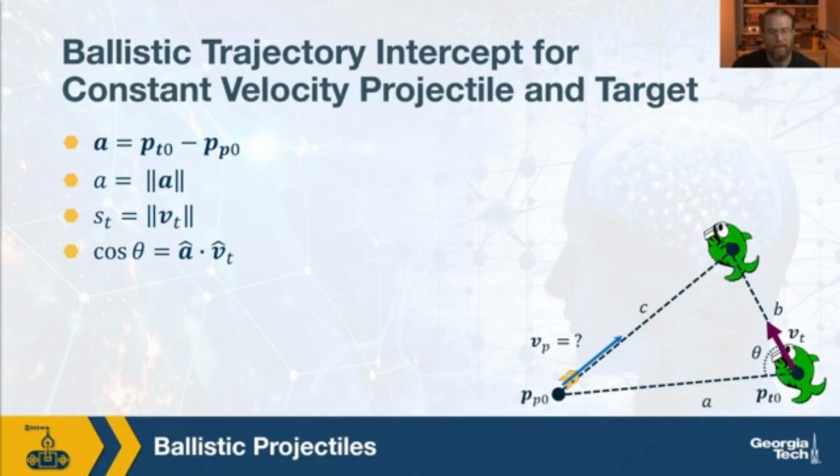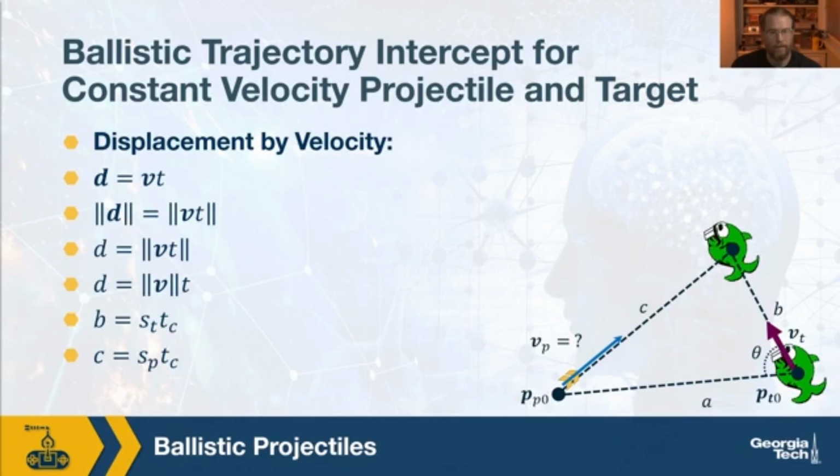Take that vector, normalize it to a unit vector. So that is a unit vector dot product the normalized velocity of the target, and that is also a unit vector. With the two unit vectors' dot product, we know that's equal to the cosine of theta. So now we know the cosine theta part of the law of cosines equation. We're starting to fill out this triangle here.